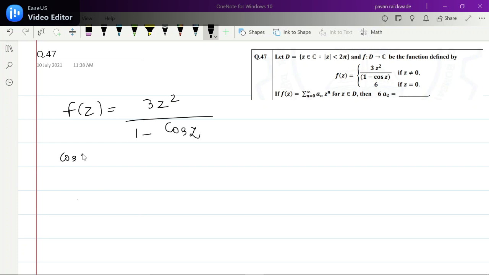What is the Taylor series of cos of z, which is 1 minus z square by 2 factorial plus z raised to 4 upon 4 factorial minus, and so on, right? So just put it in here.